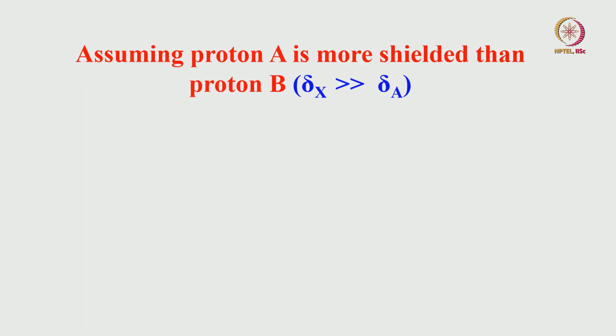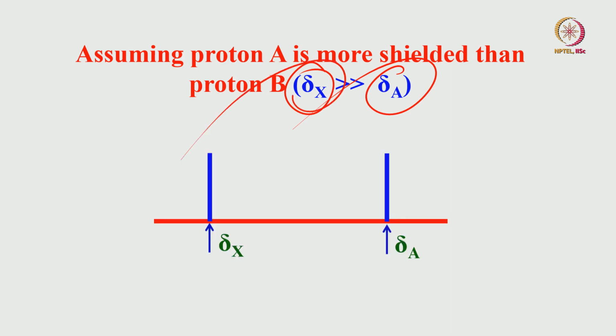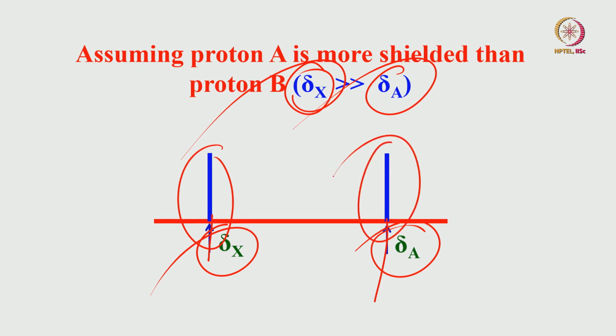We assume chemical shift of one of them is larger than the other one, whichever is larger, whichever is smaller, that is our assumption. I assumed here the chemical shift of X is more than that of A. So, X comes here, A comes here, and this is the chemical shift of X, this is the chemical shift of A. And remember, both are equal intensity, but appear as a single line, though there are 2 lines overlapped.